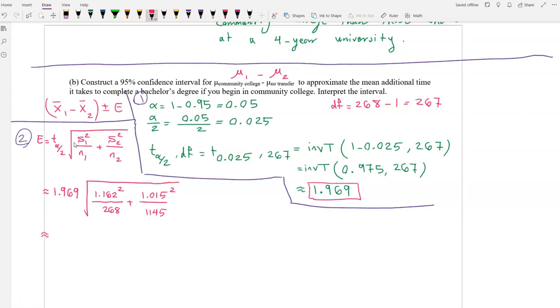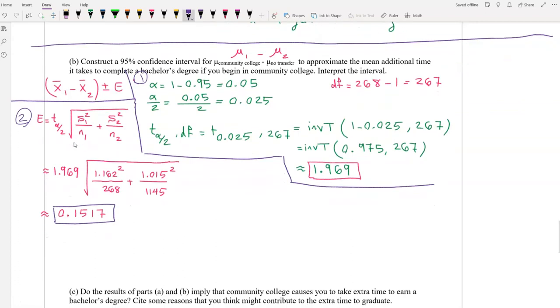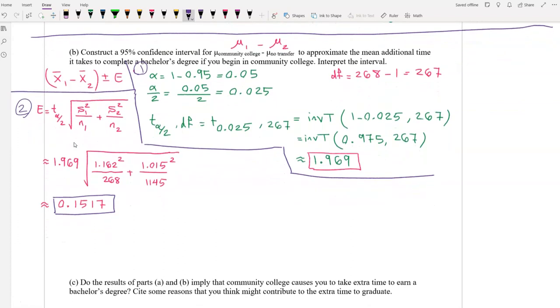And running it, the margin of error is 0.1517, in step 3.